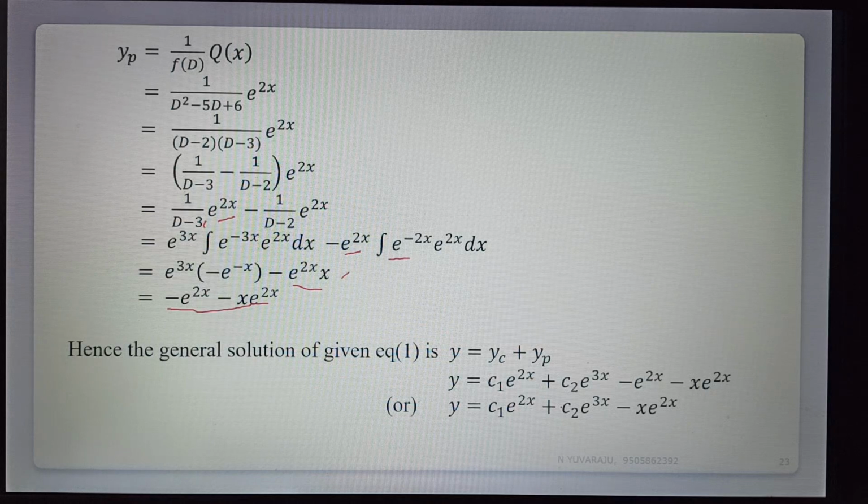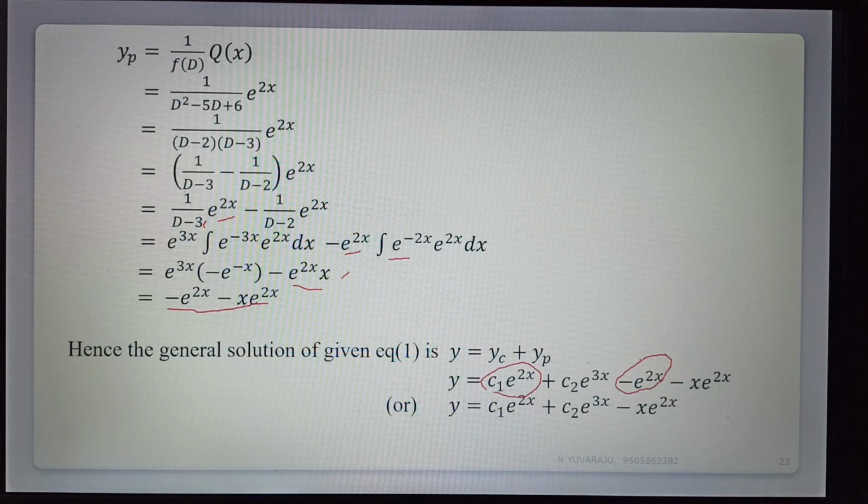Or another way, observing here: c1 into e power 2x and minus e power 2x, both are the same term. Here e power 2x is common, so c1 minus 1 is also the same constant, choosing another constant.